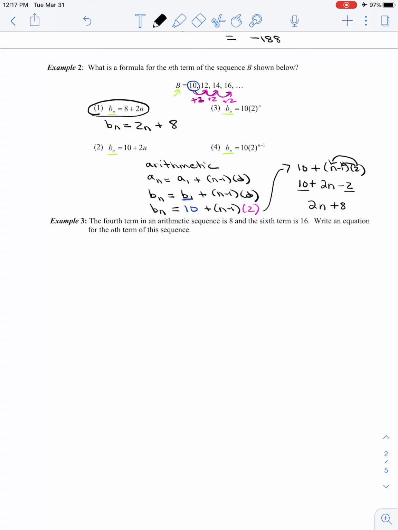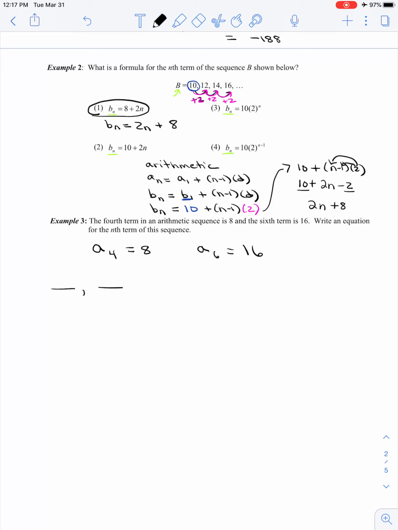Okay, let's take a look at the last example, number 3. So they tell me the fourth term in an arithmetic sequence is 8. So I'm just going to write that down. I'm going to use the letter a for this one since they didn't tell me I had to use a different letter. Fourth term is 8, and my sixth term is 16. So I need to write an equation for the nth term of the sequence. So I'm just going to write it out.